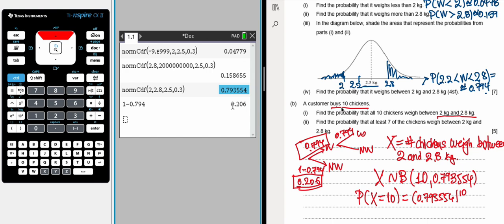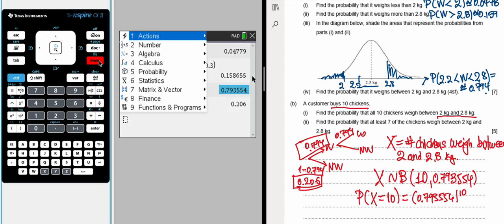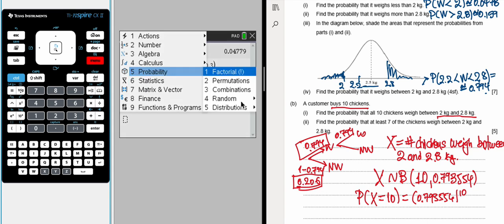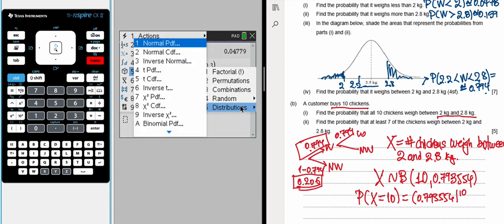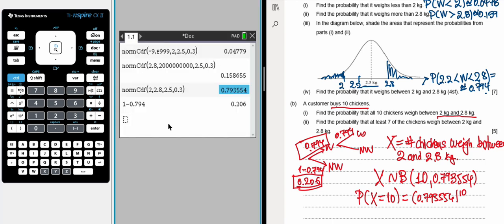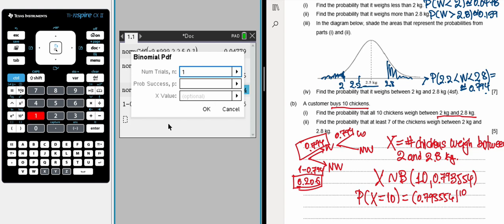And then for the binomial distribution, you go back into your calculator, into probability, then distributions, and then you have the binomial PDF here. We give the number of trials, which is 10, the probability of success, which is 0.793554, and then the value, since I want all 10 of them to weigh that.